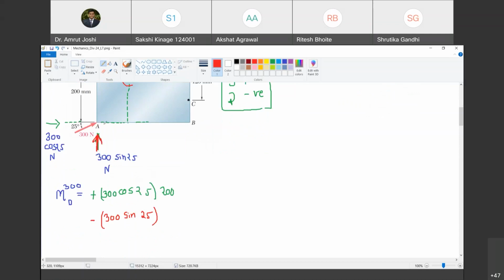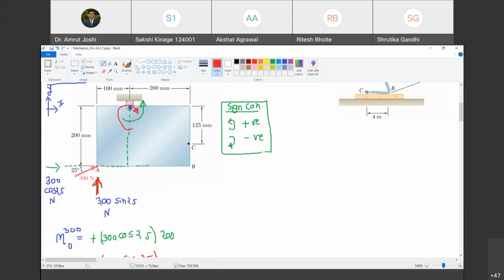And what is the moment? 300 sine 25 multiplied by, from D, I will have to drop a perpendicular on the line of action of 300 sine 25. So 300 sine 25 has this line of action. If I drop a perpendicular from D on this, what is that distance? 100 mm. Do you agree with me?